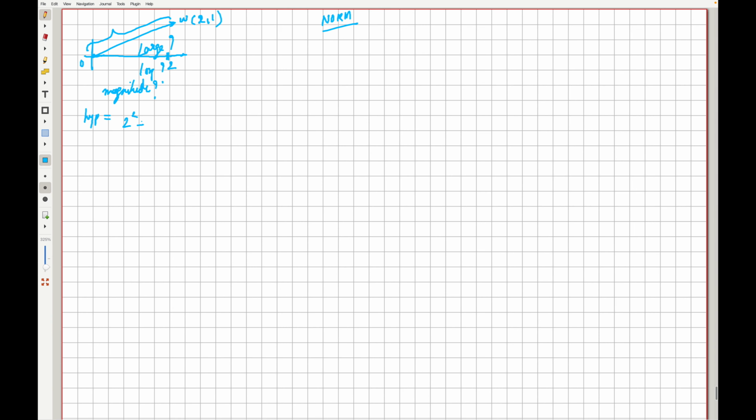So 2 squared plus, if we go up around the y-axis, this is 1, so 1 squared, and we take a square root of that. That's essentially 4 plus 1, which is equal to square root of 5. So that's the magnitude we have, or in other words, we can say that is the norm of w, of the vector w that we have there.